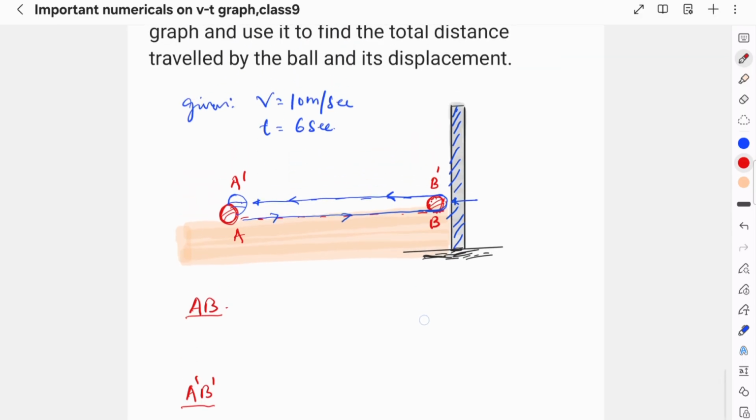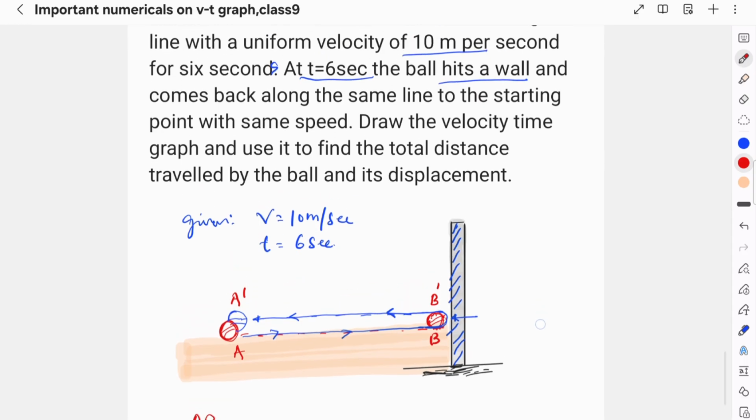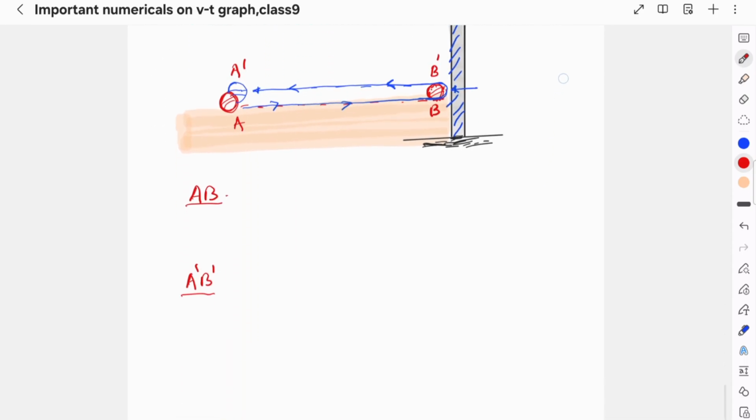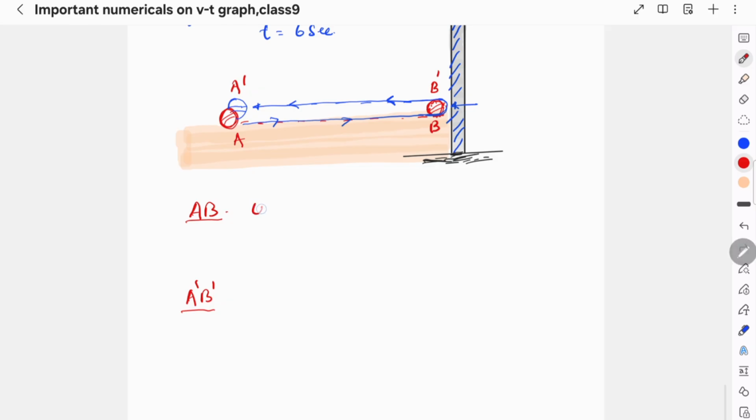Now for AB, the ball is traveling at a uniform velocity of 10 meter per second. Time was 6 seconds.